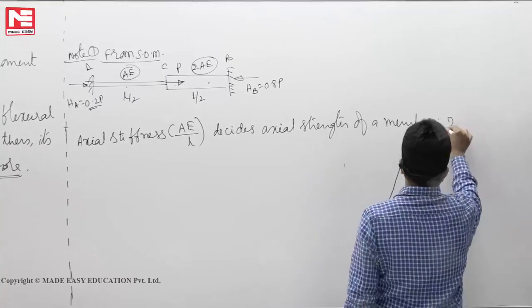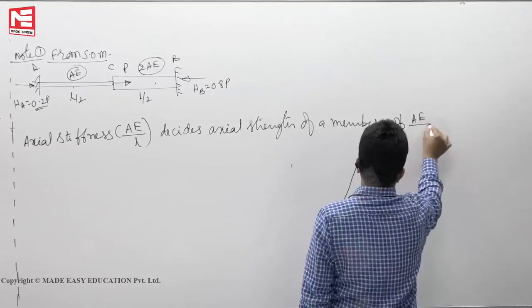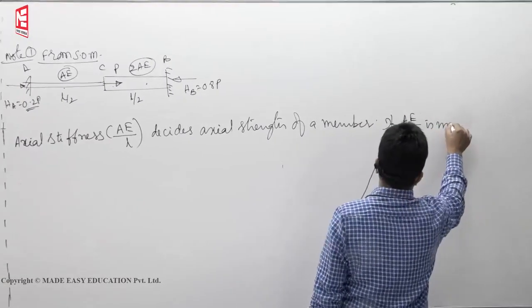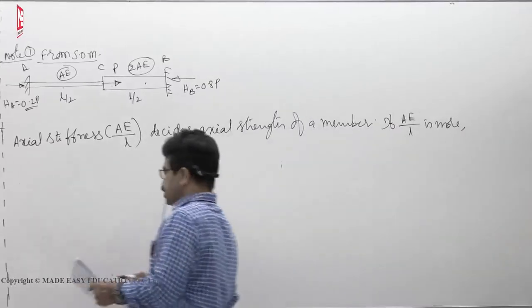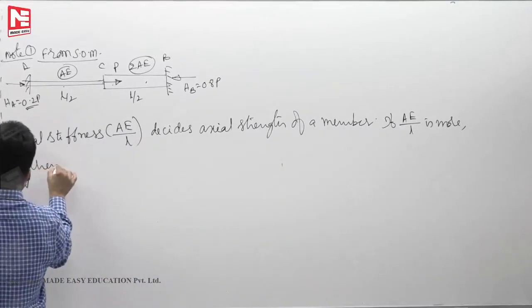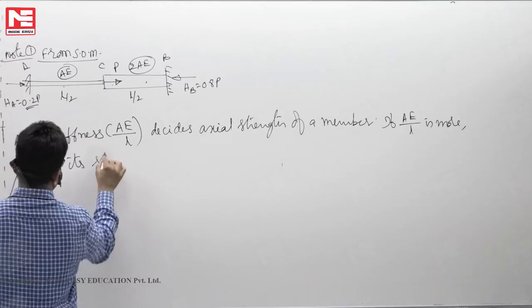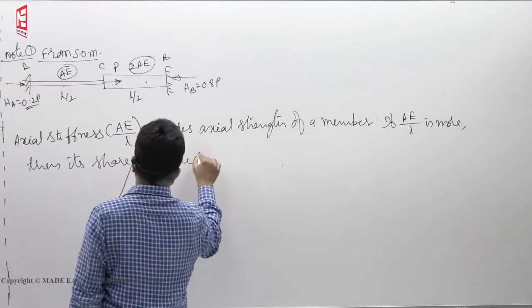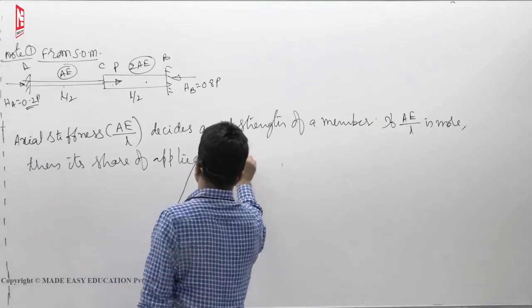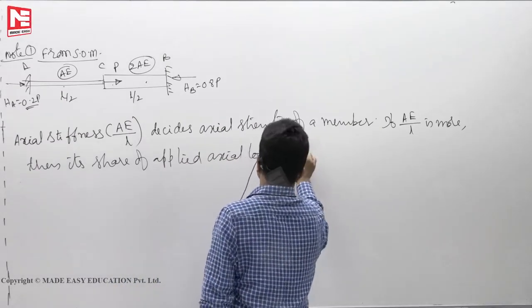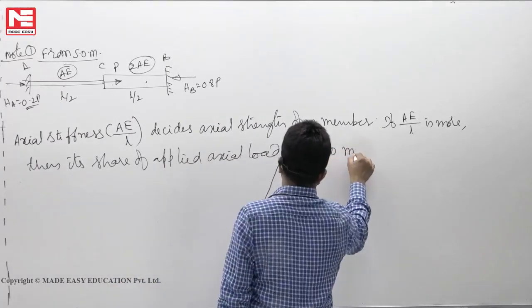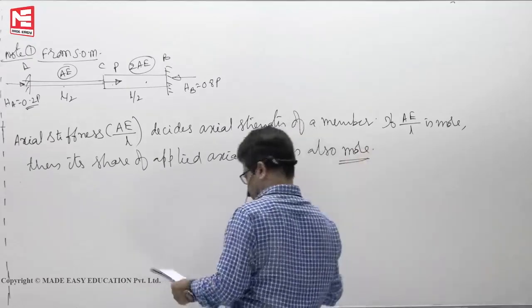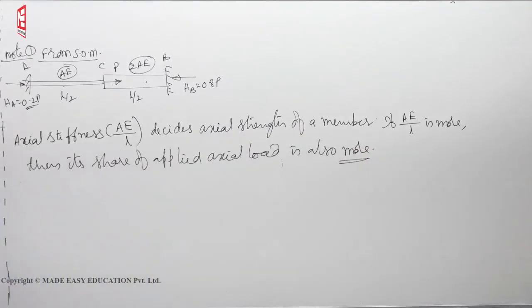If AE by L is more, then its share of applied axial load is also more. This is what you have learned.